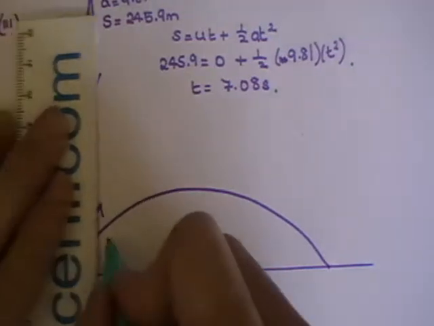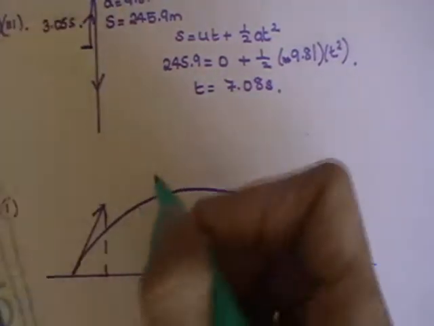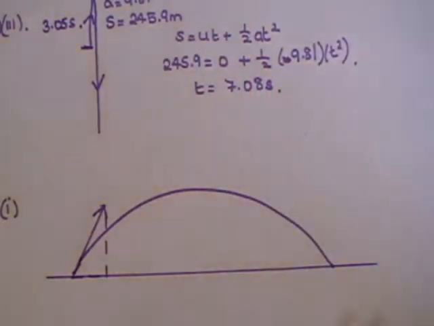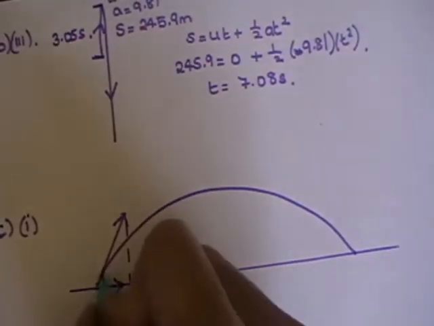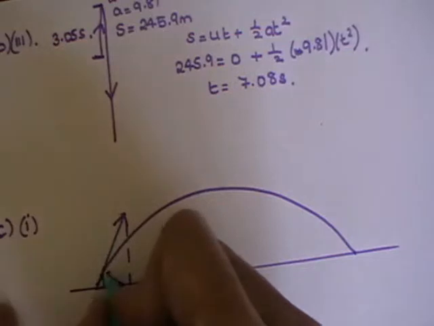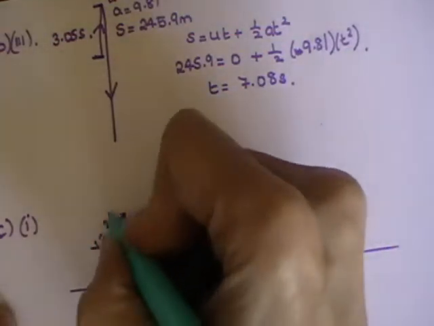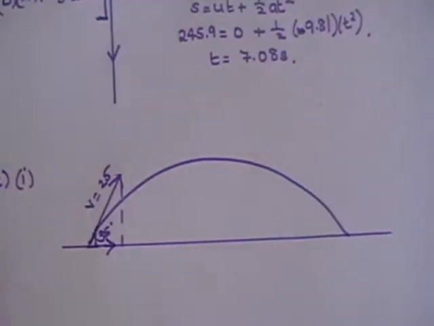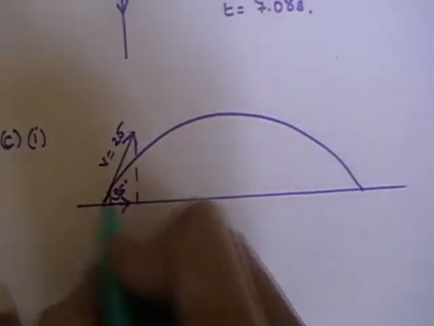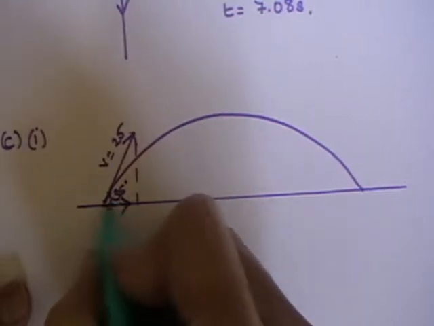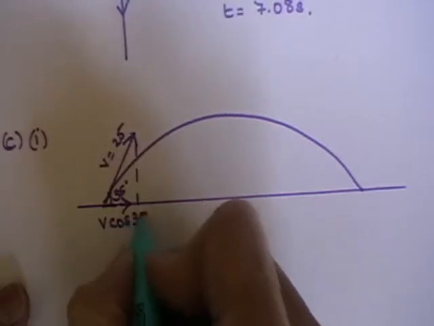It's got two components, a vertical component and a horizontal component. The first thing we need to find is its horizontal range, so we need its horizontal component. It's projected at an angle of 35 degrees and a speed of 25 metres per second. Our horizontal component is the line beside the angle, so it involves cos. That's V cos 35 degrees.